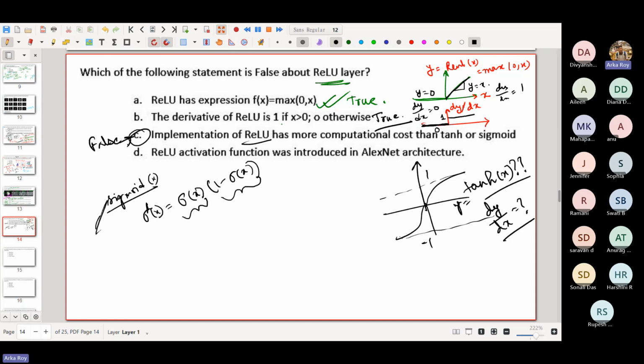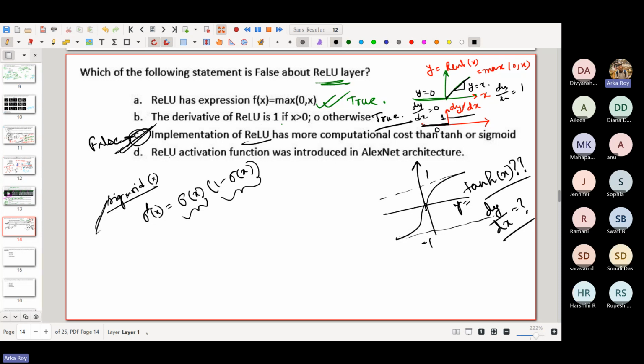So we have got that option C is the correct answer for this particular question. And whether it has been introduced in ResNet or not, as long as we got option C, we got the answer. Frankly speaking, I don't remember all these GK type of questions, whether ReLU was introduced in the ResNet paper or the VGG paper.